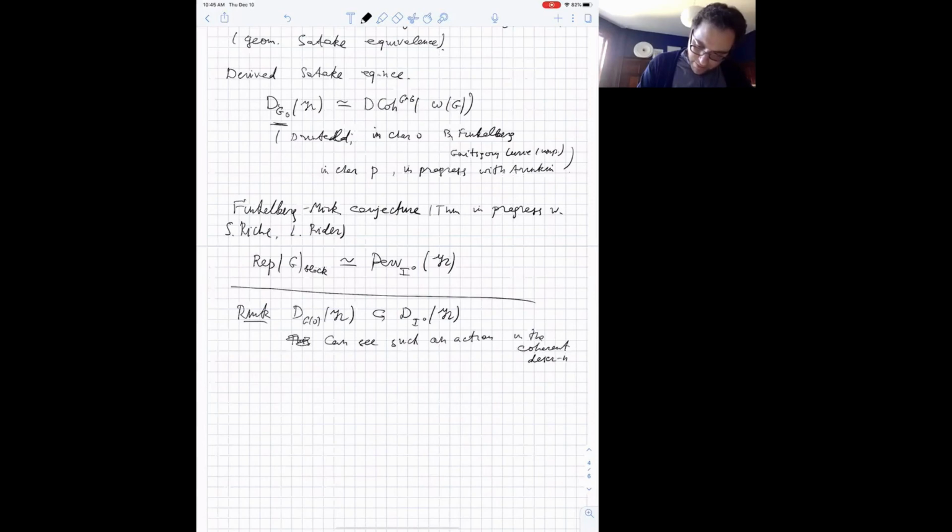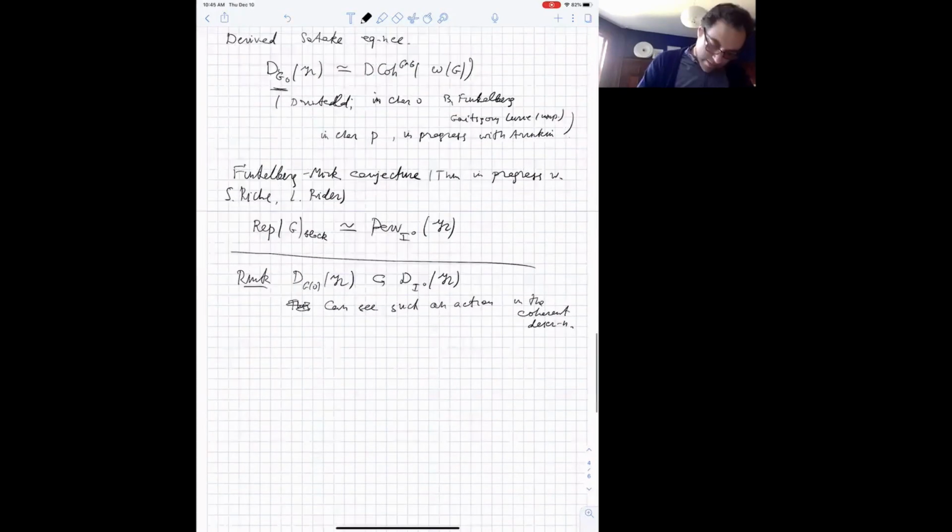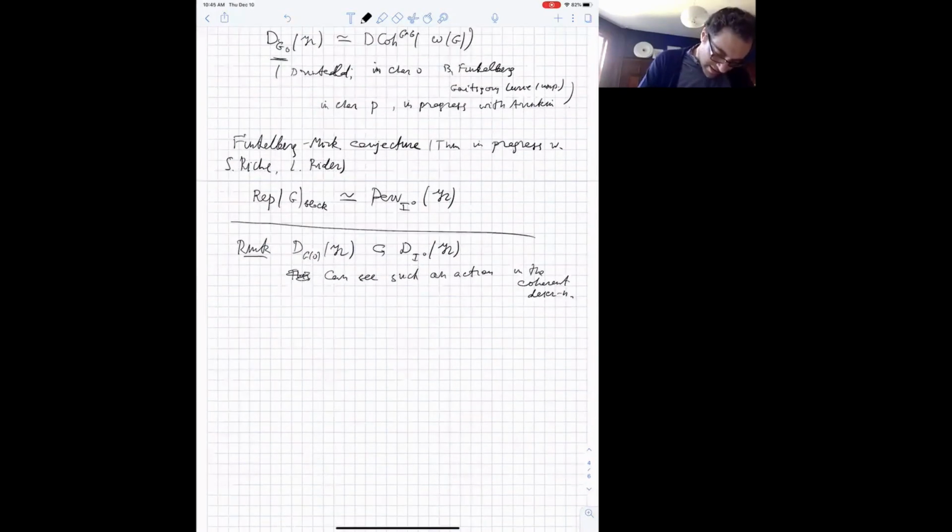And then, okay, interesting things to understand are the so-called S1 action and S1 localization on the two sides. So I'll just name the names.